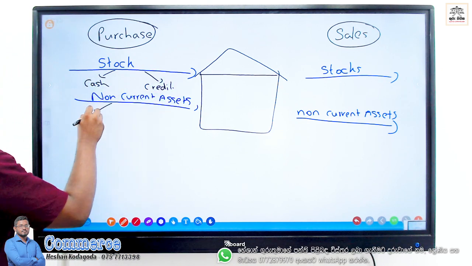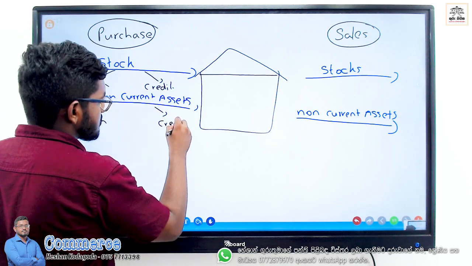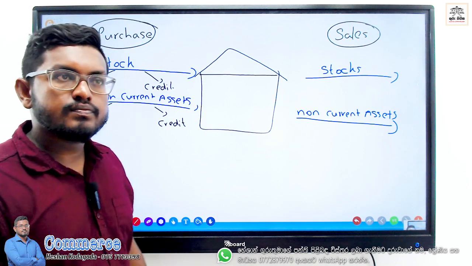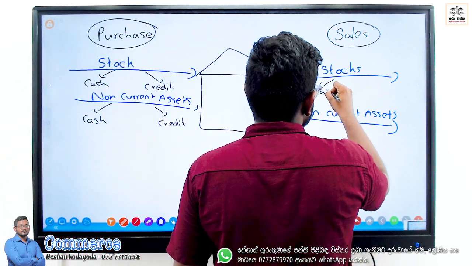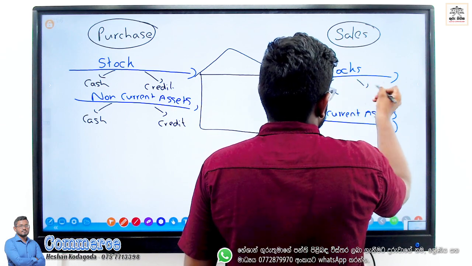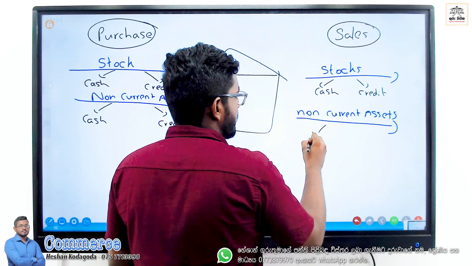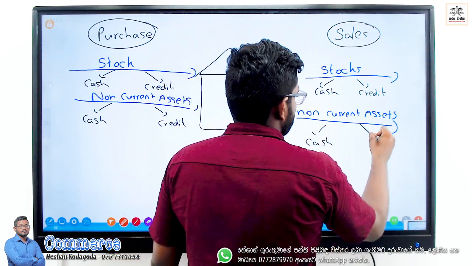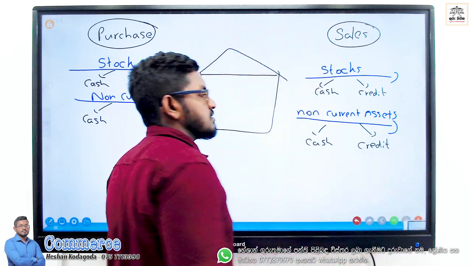In here also, cash basis and credit basis. Stocks cash basis, stocks credit basis sales, non-current asset cash basis, non-current assets credit basis sales.